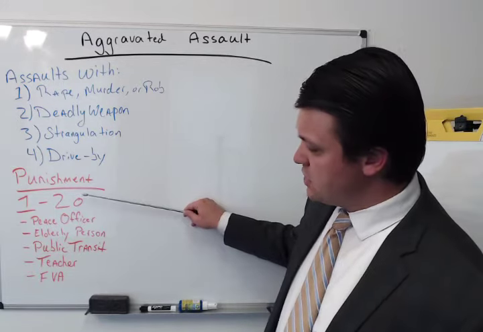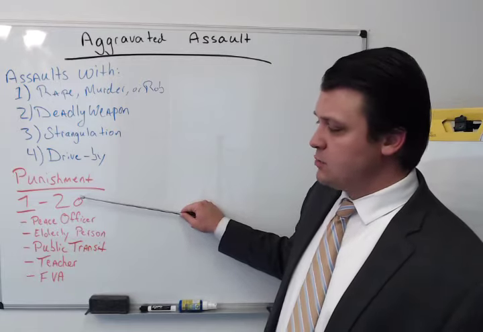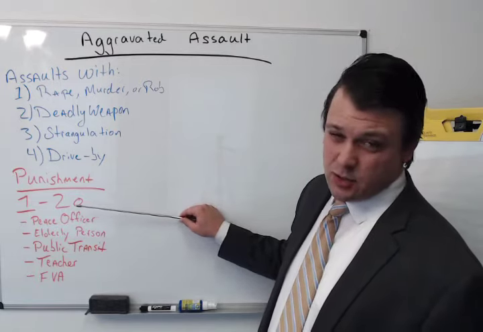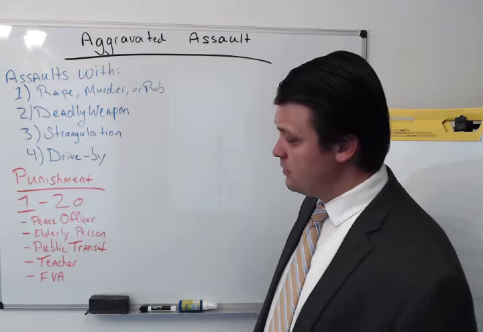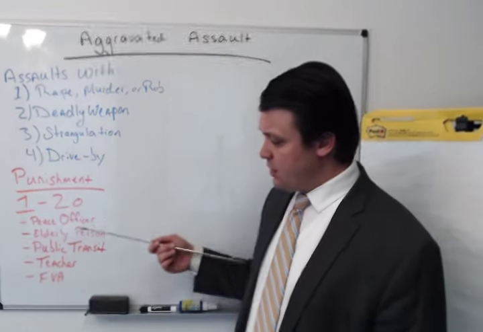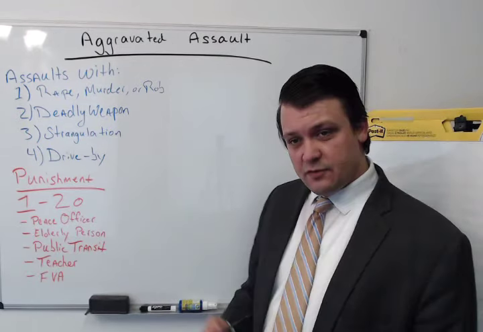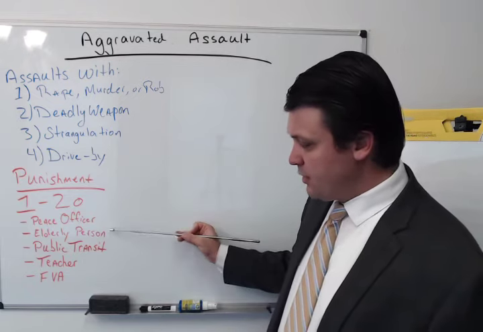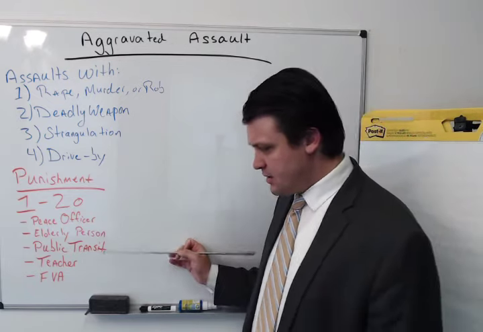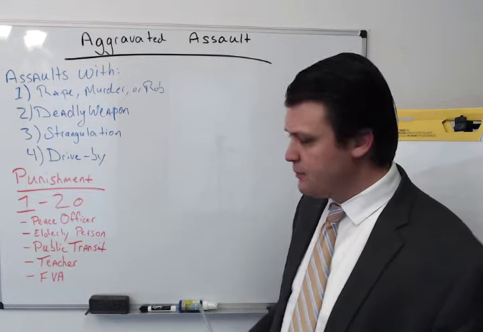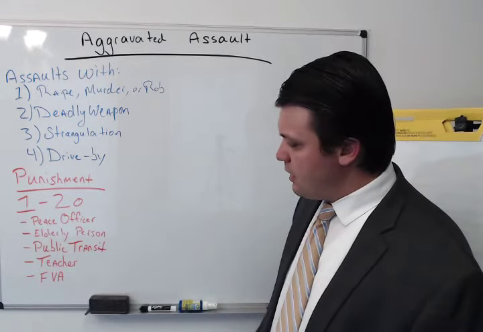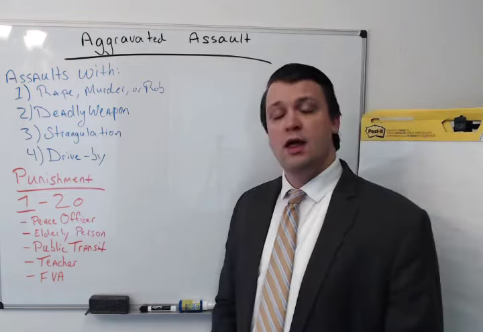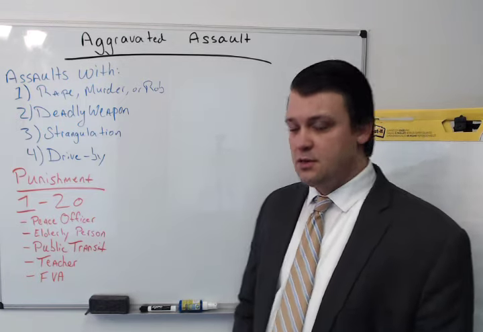So, in general, 1 to 20 is the range. However, these things can increase, whether it be the maximum or the minimum, if an aggravated assault is committed upon a peace officer. So, for instance, if an aggravated assault is committed upon a cop, is the most common that we see here. An elderly person, public transit has a special provision. Think MARTA, right? A teacher or a student. So, if something happens at school, that can always increase punishment.